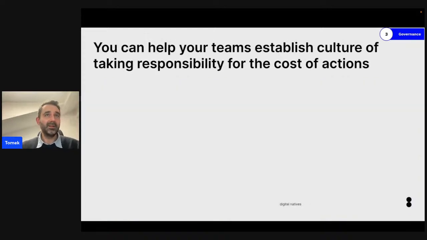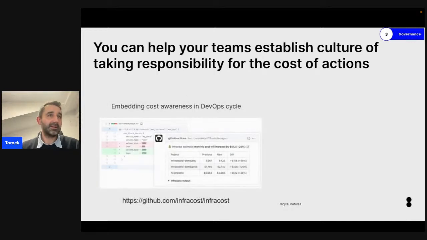And something that is quite interesting, there is also a lot of tools that you can give your teams and your users to help them be more cost aware. Like, for example, there is this Infracost extension to Terraform that you can run as part of your CI/CD pipeline, and it will give you an estimate of the cost of the infra that you're designing.